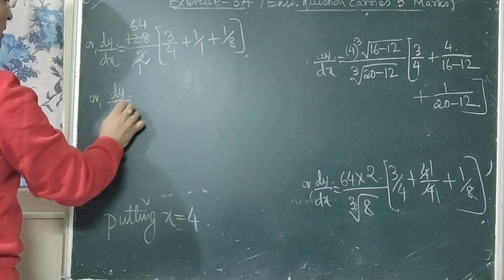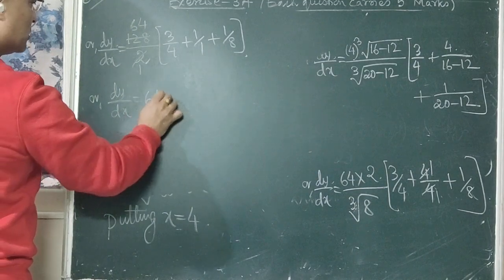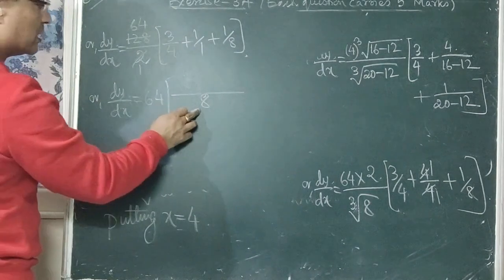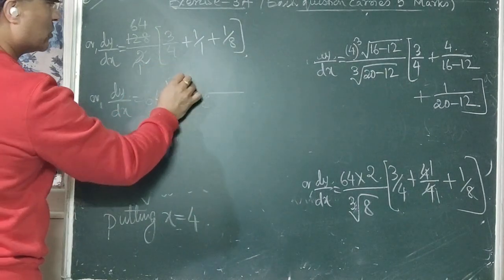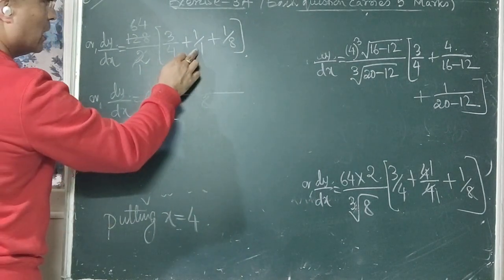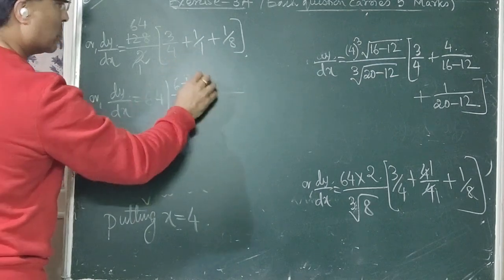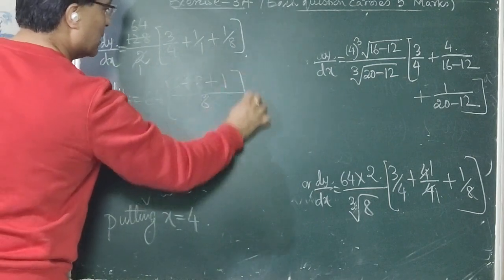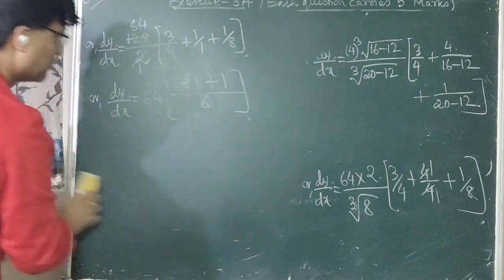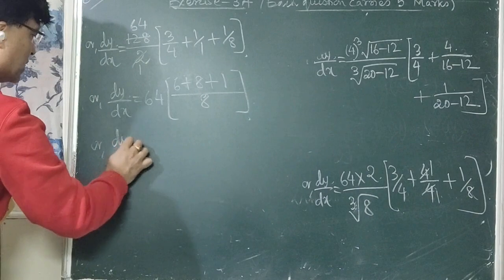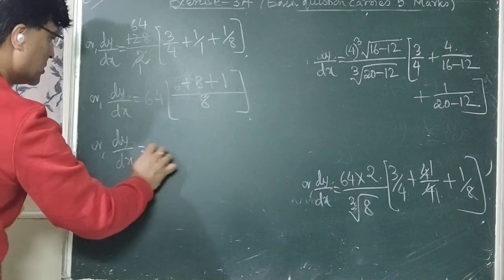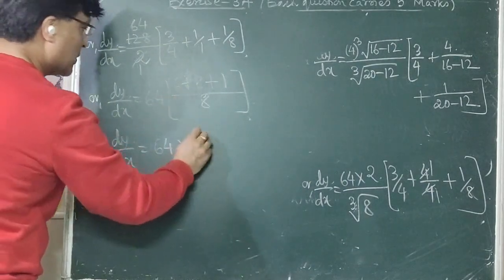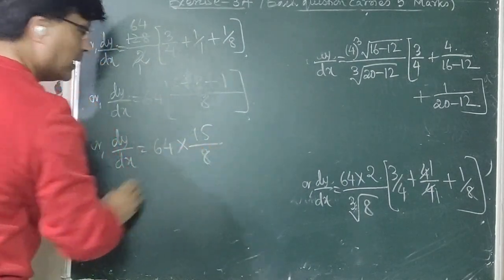So dy by dx is equal to 64 into, what's the LCM here now? This is 8. This LCM is divided by 4: 4 2s are 8, 2 3s are 6, plus 8 divided by 1, that is 8, plus 8 divided by 8, that is 1. Let us add them: 8 plus 6, 14 plus 1 is 15, divided by 8.